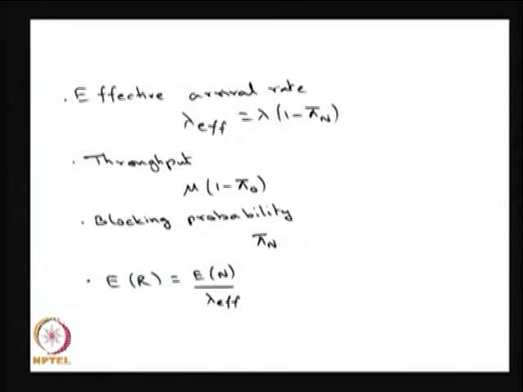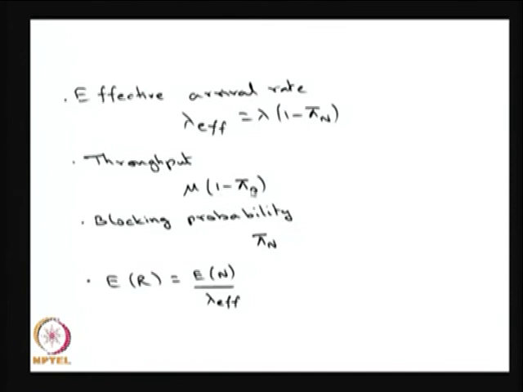And you can also find out the throughput. Throughput is nothing but the rate at which the customers are served per unit of time. The service rate is mu, and this is the probability that the system is not empty, 1 minus pi naught. Therefore, 1 minus pi naught times mu, that is the rate at which the customers are served in the M/M/1/n system.